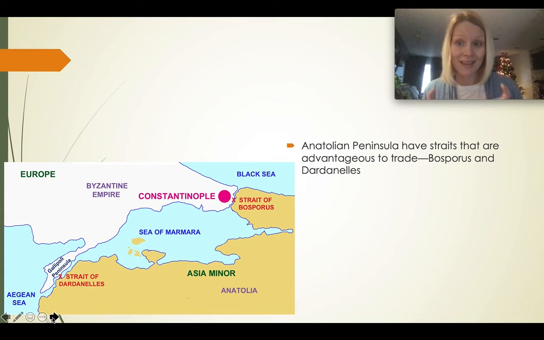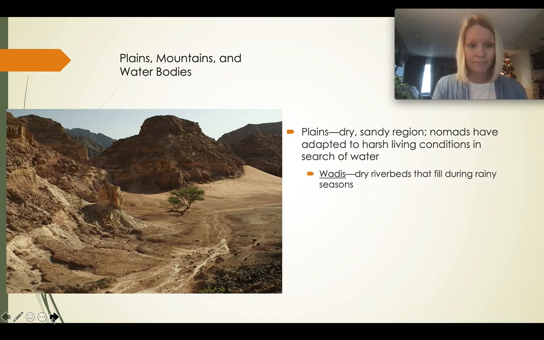All I'm going to say is there was one group who never lost a naval battle, and they lost a naval battle there. But anyway, because of the connection between the Black Sea and the Aegean to get into the Mediterranean, these two straits, a strait is a narrow passageway, were very advantageous for trade.